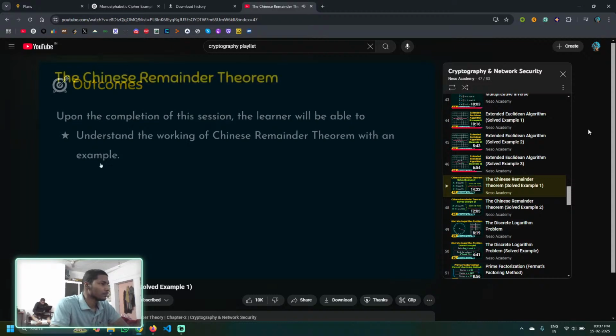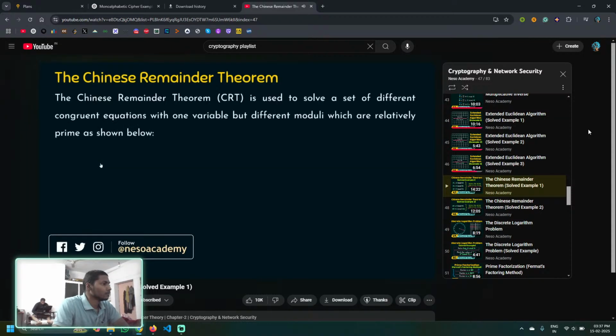Let's directly dive into the topic of the day, the Chinese remainder theorem. Let me tell you the theorem first. The Chinese remainder theorem, simply CRT, is used to solve a set of different congruent equations with one variable but different moduli which are relatively prime. It's clear that these congruent equations are different but with only one variable and different moduli. So we are going to find the value of this one variable using Chinese remainder theorem.